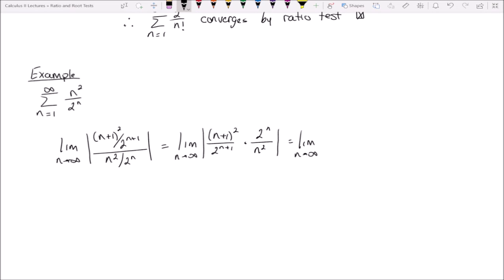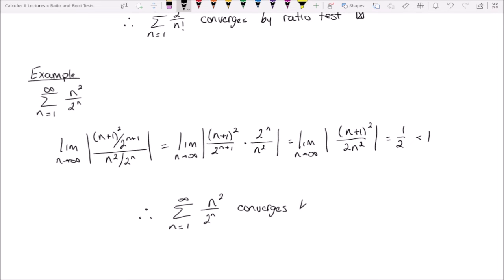Simplifying this, we get the limit as n approaches infinity, absolute value, n plus 1 squared, all over 2 n squared. That limit is a half, which is less than 1. So then this series converges.